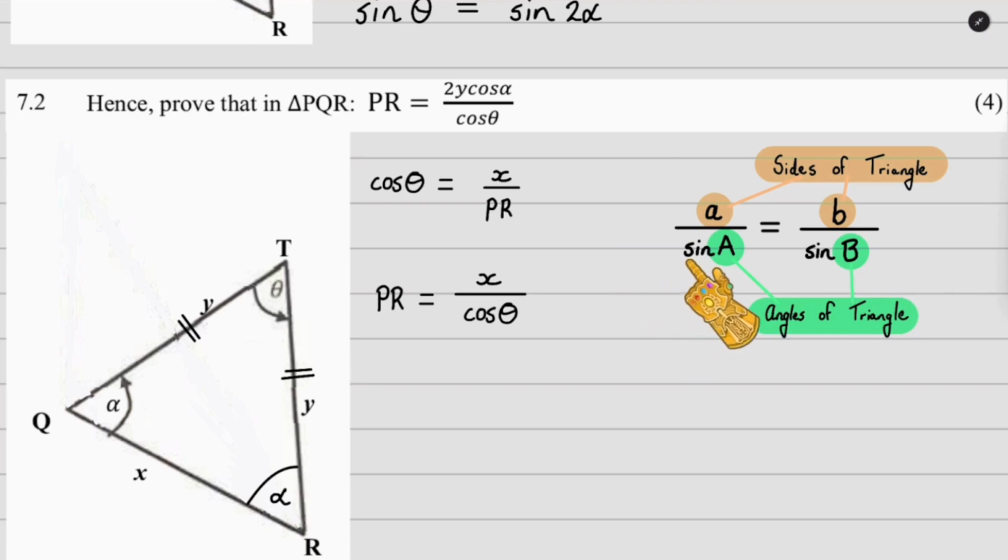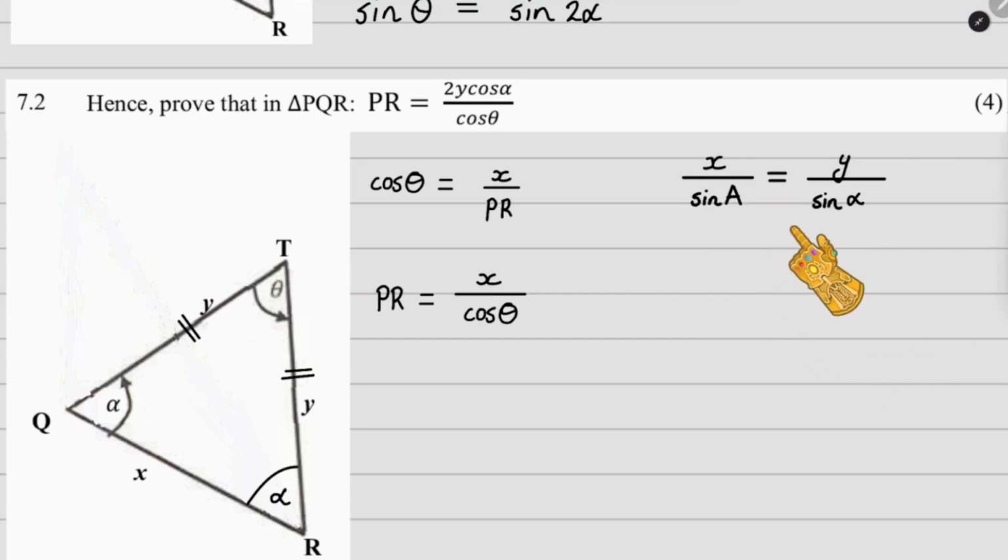So at the bottom will be sine theta. And inside of this side an angle, I'll just choose another one. I can choose this one or this one. It'll lead to the exact same outcome. So I'm going to change this side to a y, and then opposite that y is alpha. So it's going to be y over sine of alpha. And now I've successfully implemented the sine rule.